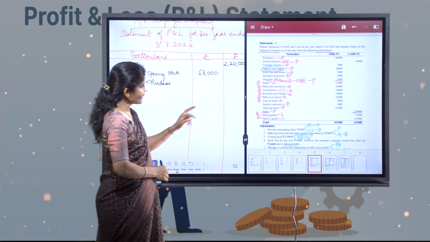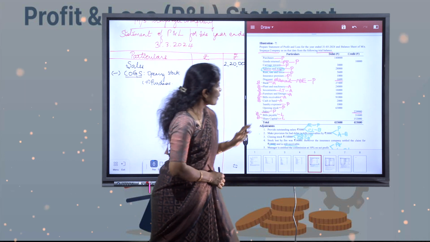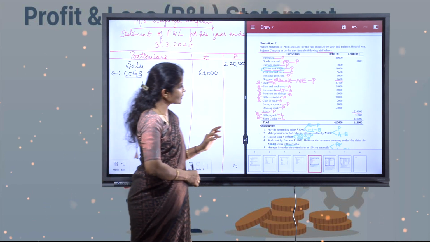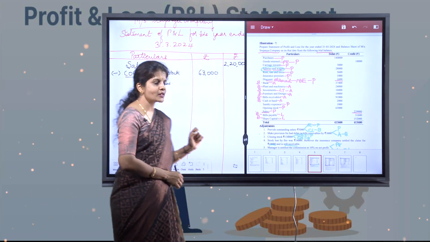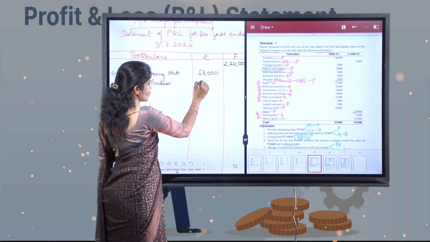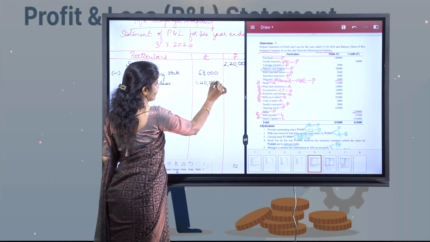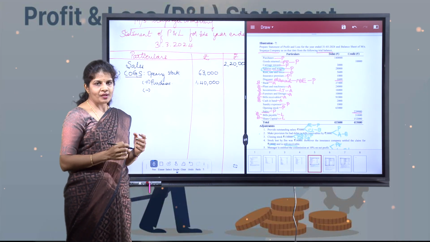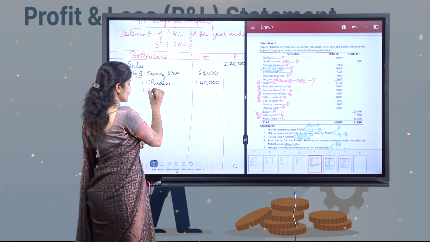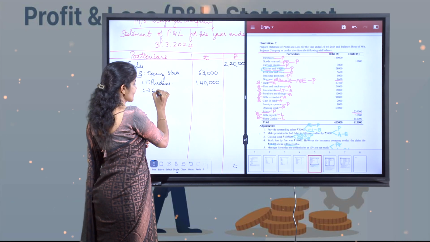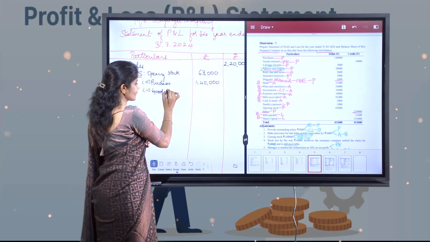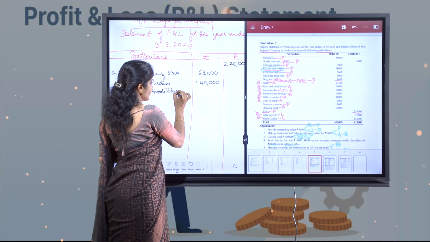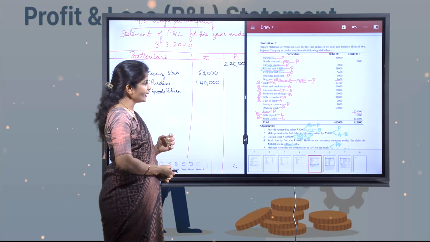Add purchases. What is the amount of purchases? Purchases is 1,40,000, correct? So add these purchases. If there is a purchase return, purchase allowances or purchase discount, that should be deducted. Here there is a goods return, that means purchase return, so this goods return should be deducted.